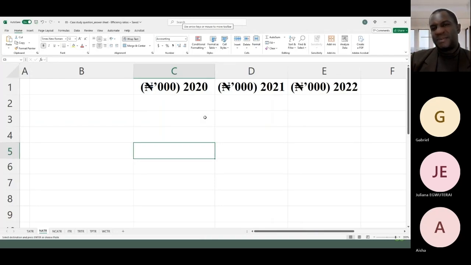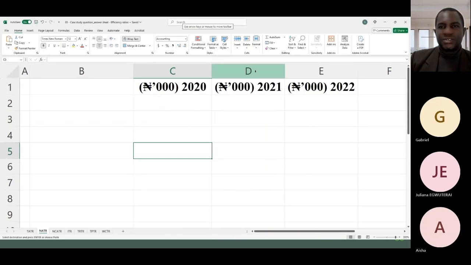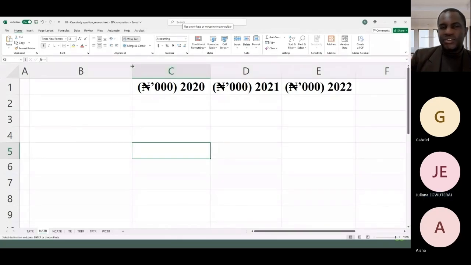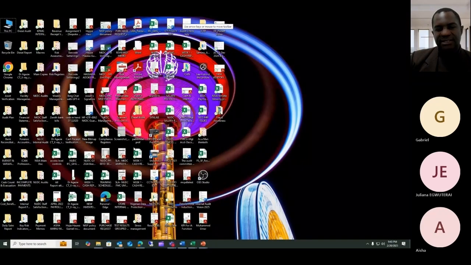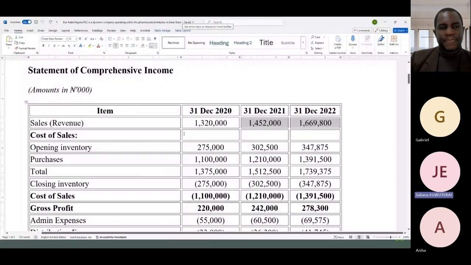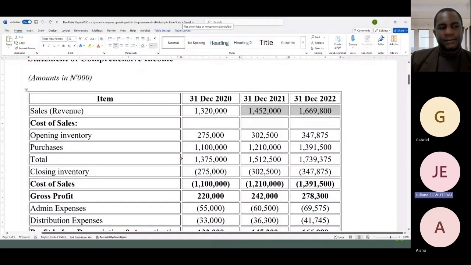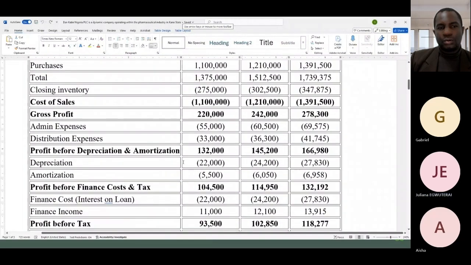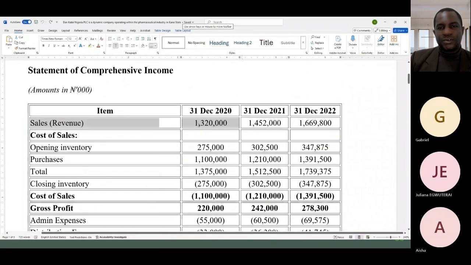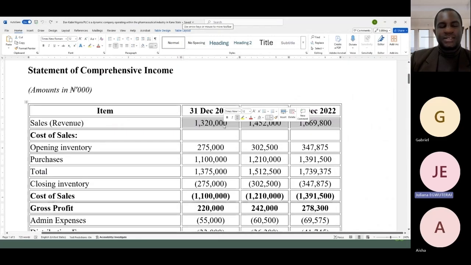The examiner may just say there are some refunds or some discounts you give for early payments, so you remove them to have your net revenue. What if there is other income from other sources apart from the business? No, you can't remove those. Only refunds, discounts and the like are removed.